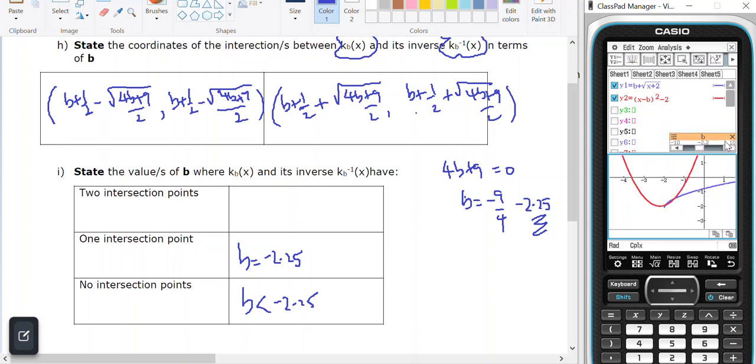As I make b get bigger and bigger, I still have 2 intersection points.